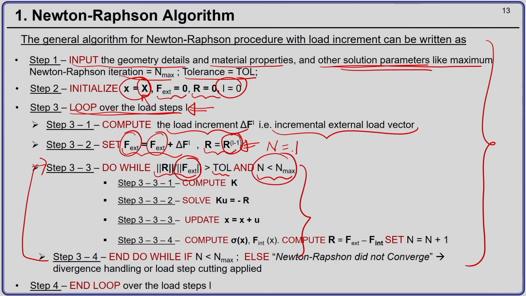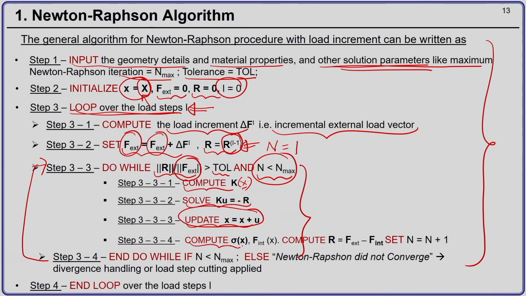And then what we do first, we compute K at the value x. And then we solve for the displacement u as K u equal to minus r. And then we update our current position as x equal to x plus u.